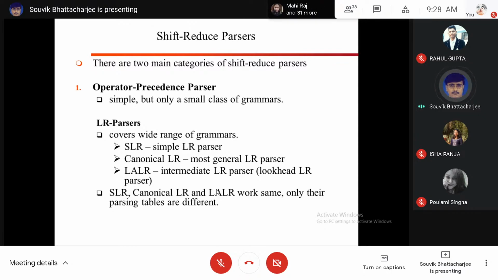And for the LR parser, you see SLR, canonical LR, and LALR. SLR means simple LR parser, as I told you. Canonical LR means general LR, and LALR. All three work in the same nature, but with a little bit of changes in the parsing table.